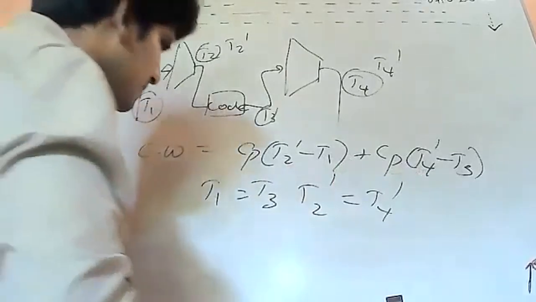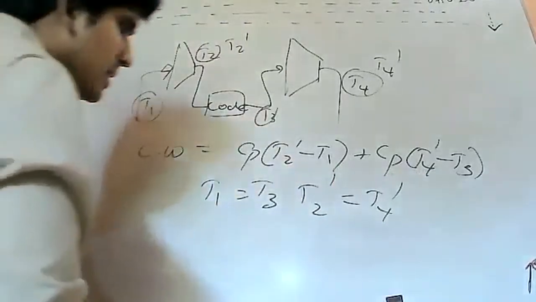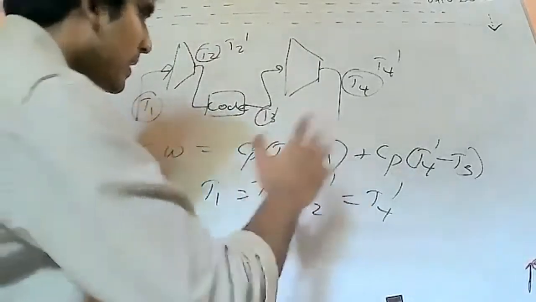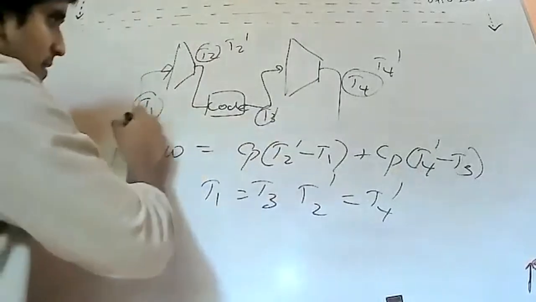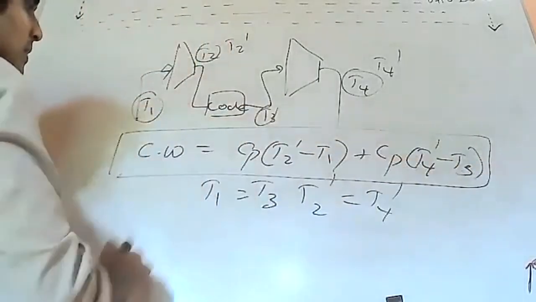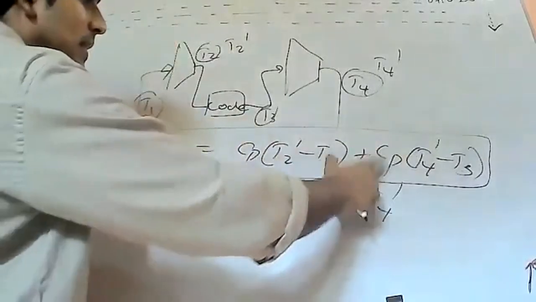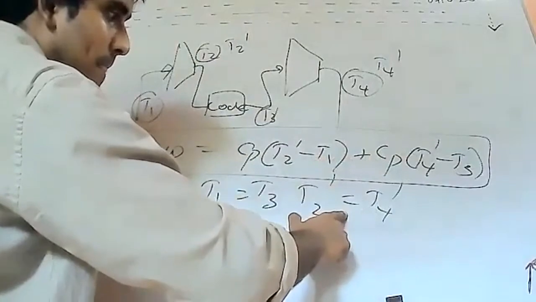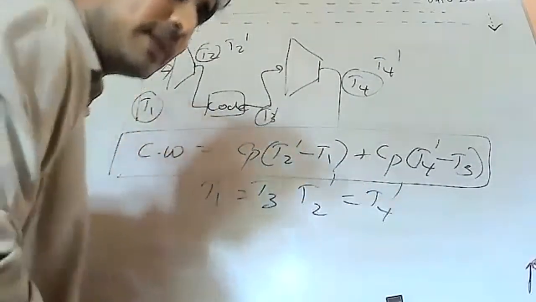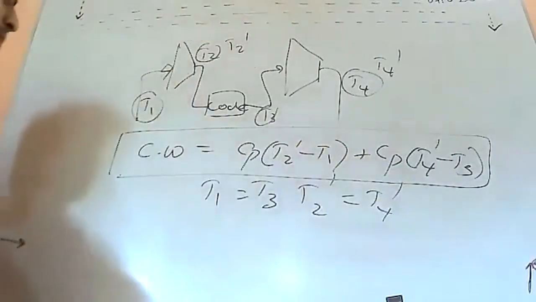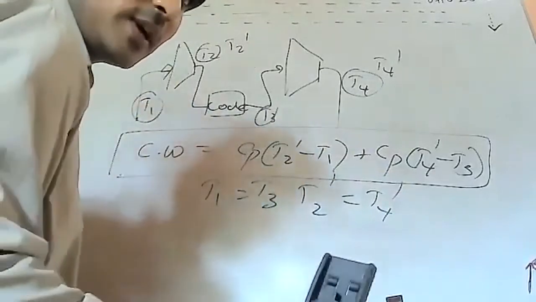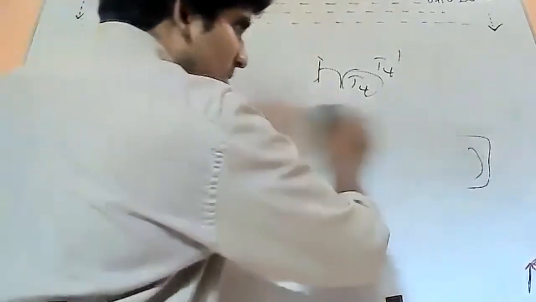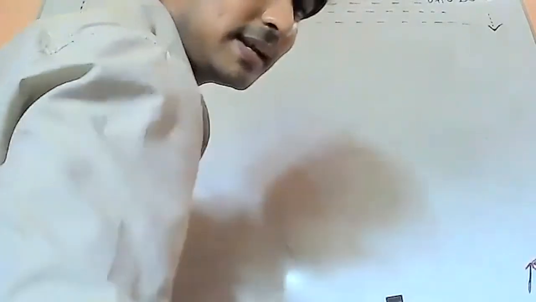You know how it comes? Okay, I will teach you that later. Anyhow, there are two compressor works, this one and that one, right? How T2 dash equals T4 dash, I will explain later. It's better to teach these things separately.